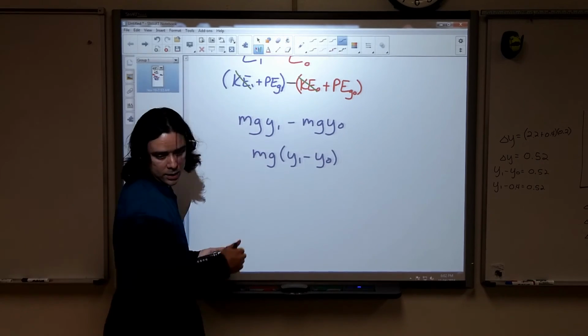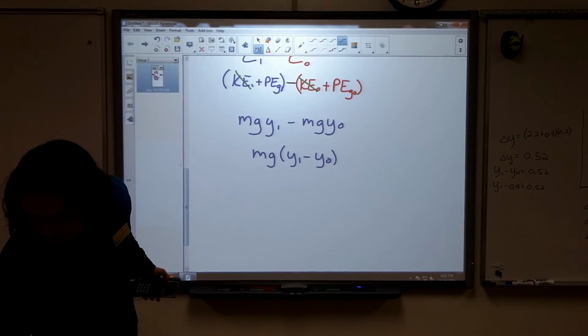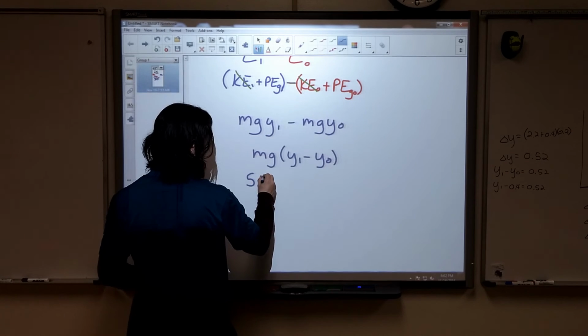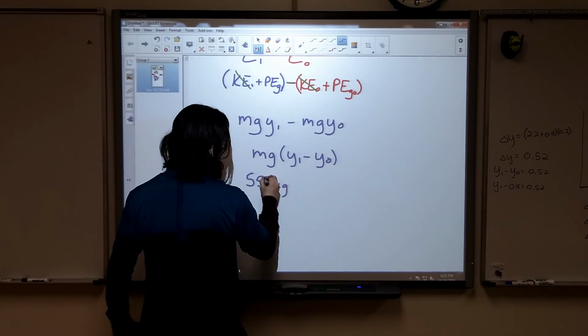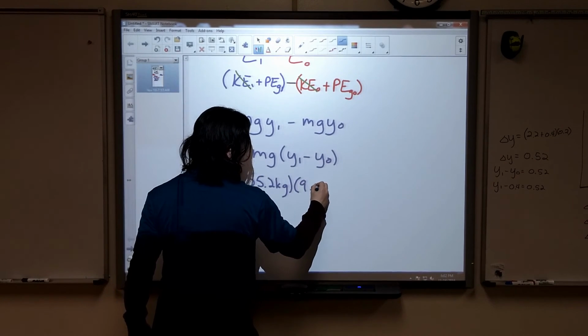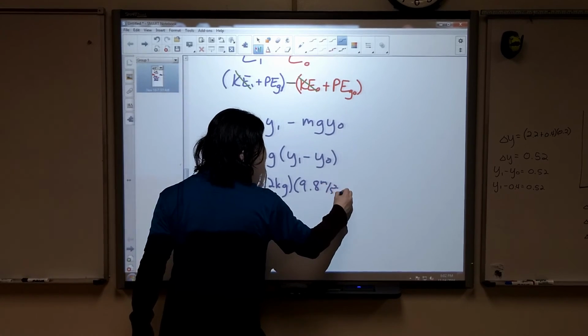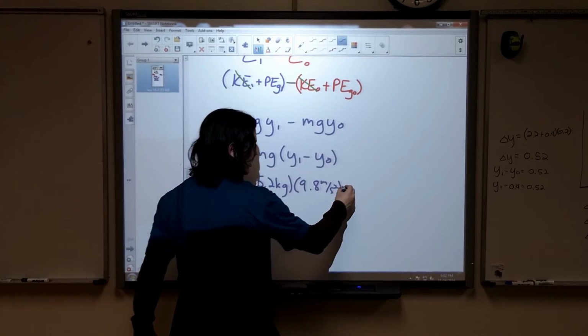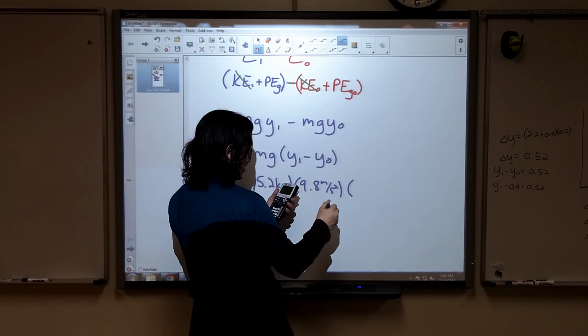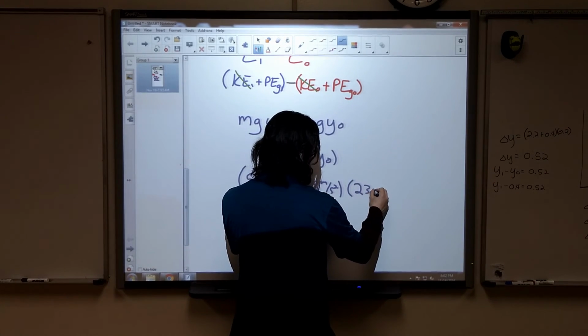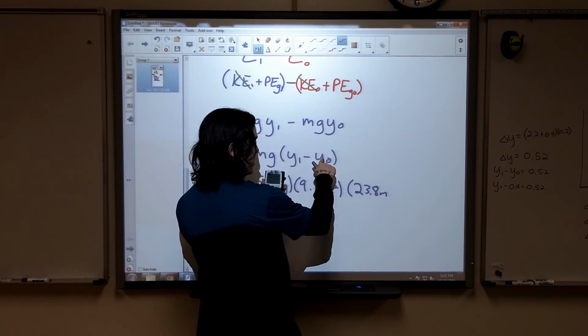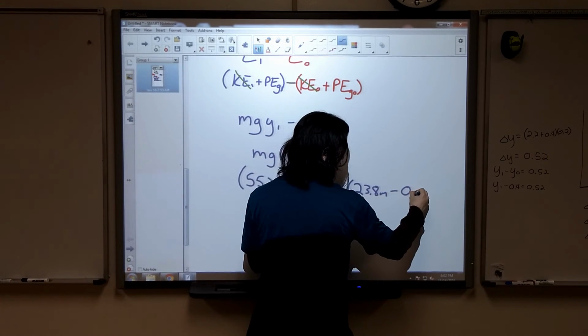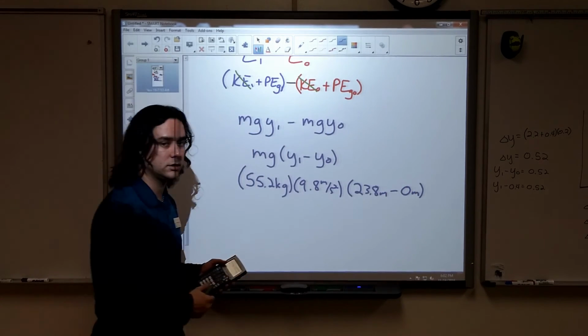So, if I plug this in, Karen had a mass of 55.2 kilograms times, they told us 9.8 meters per second squared. Normally we use 9.81, but that's okay. And I know that my final height is 23.8 meters above my initial height, which I'm just going to call 0. That'll be my reference point.